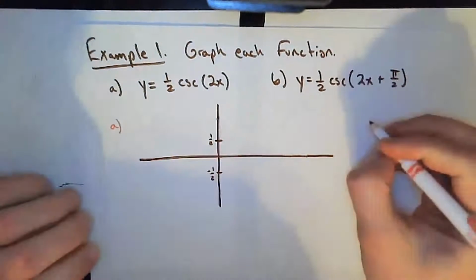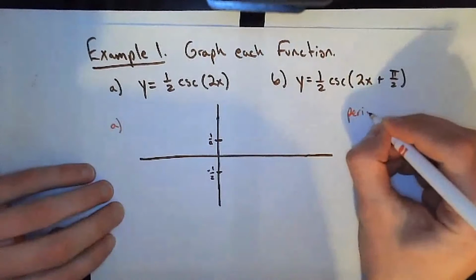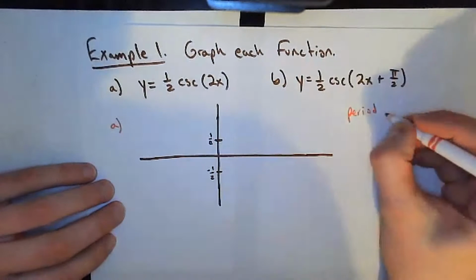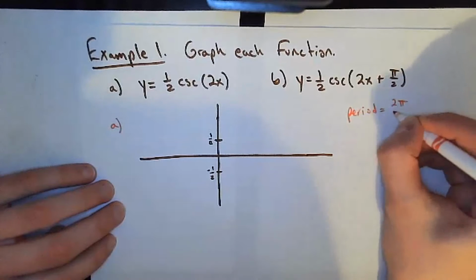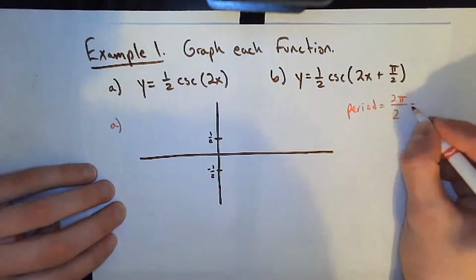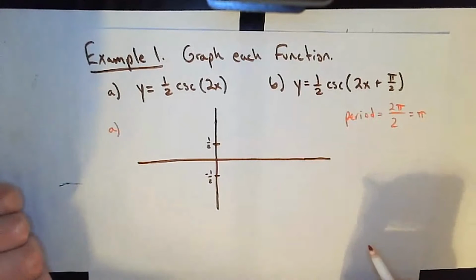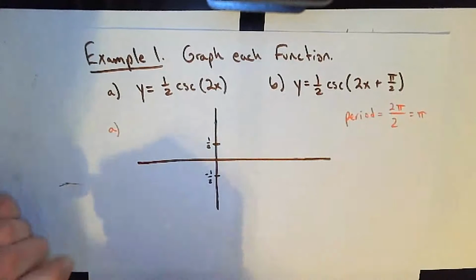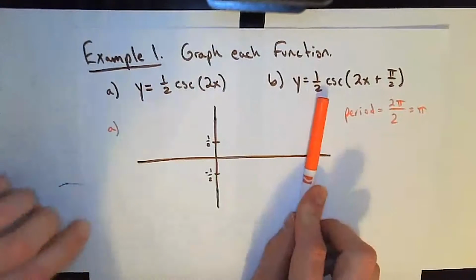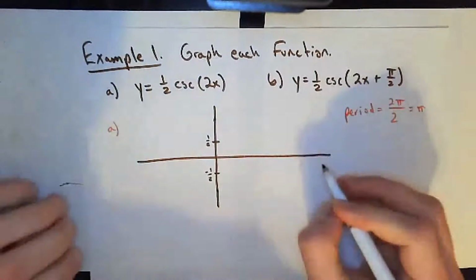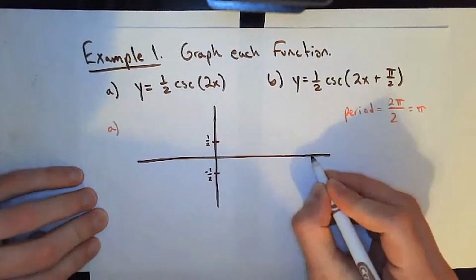The period for this part A is going to be 2 pi over that k value, so 2. So this one is going to have a squished period, 0 to pi. So instead of graphing from 0 to 2 pi, we're going to be graphing from 0 to pi, so maybe I can go ahead and slap pi out here.